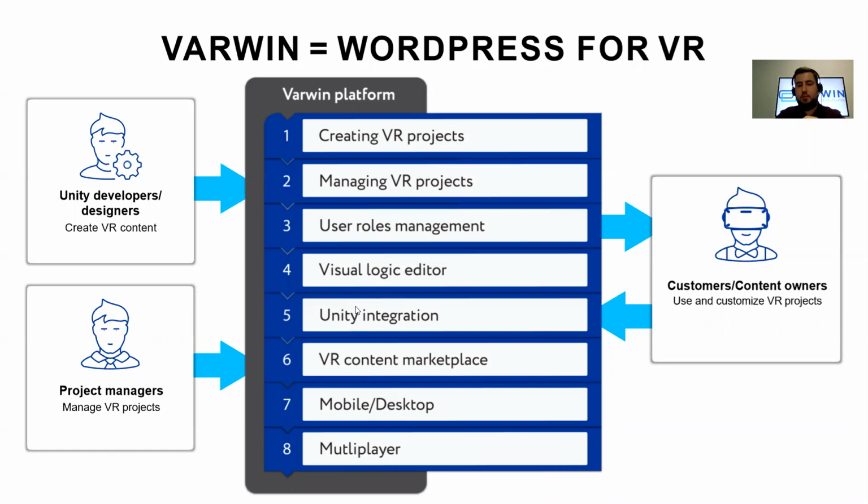We have desktop and mobile VR. Right now, we're working on mobile VR, specifically on Oculus Quest, and soon we're going to have it. And we're working on multiplayer too. So this year, we're going to have both mobile VR and multiplayer within our platform.